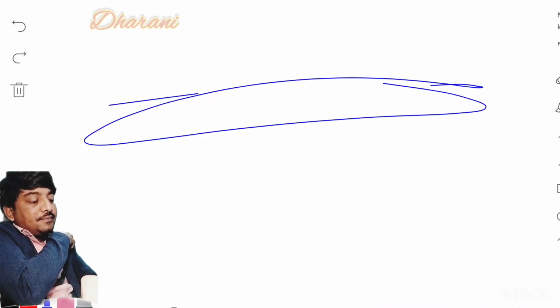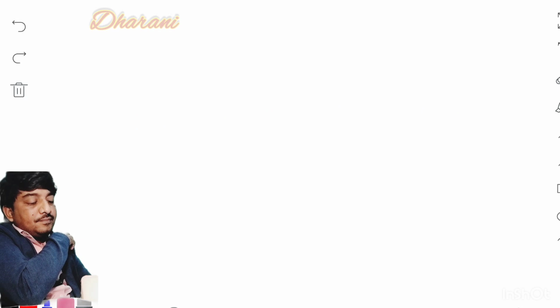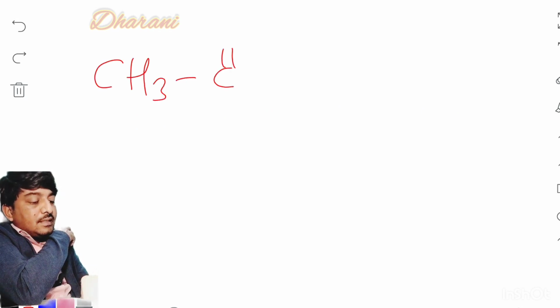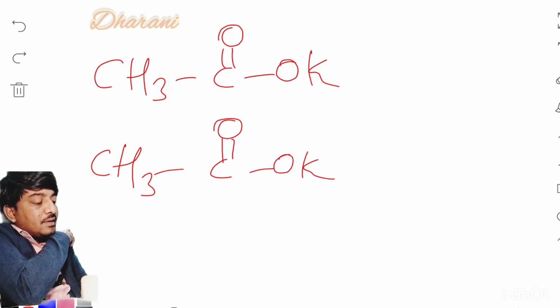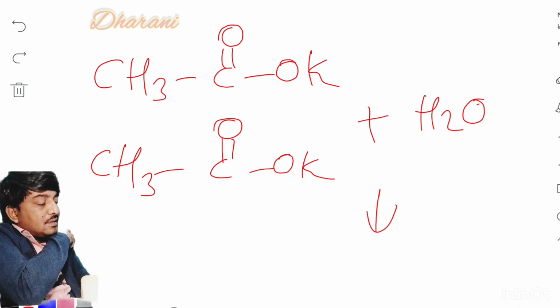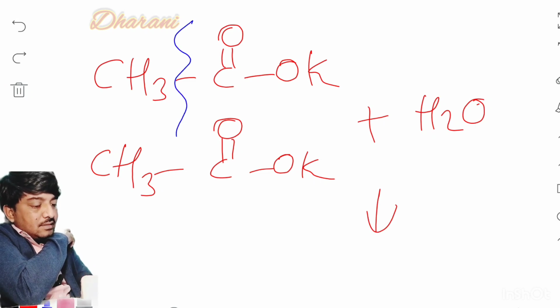Let's see the reaction. CH3 C double bond O K. Let's take 2 moles of CH3 C double bond O K. Hydrolysis means H2O. Just write, cut like this.